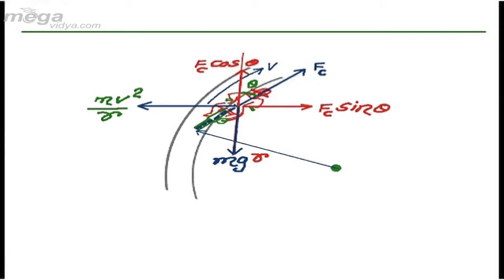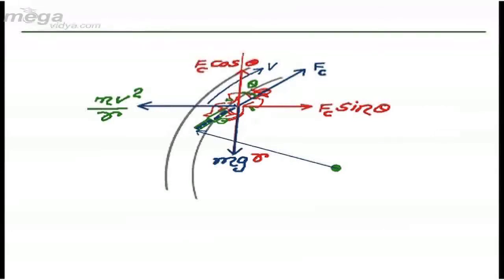For the equilibrium, or you can say safe turning of this bike and man at the speed v, this bike plus man must be in the condition such that the net force acting on it is 0.